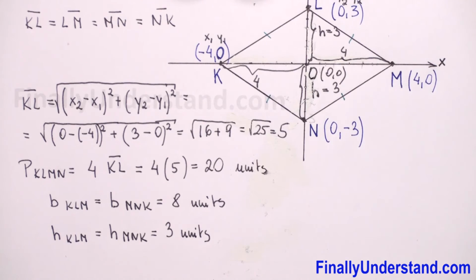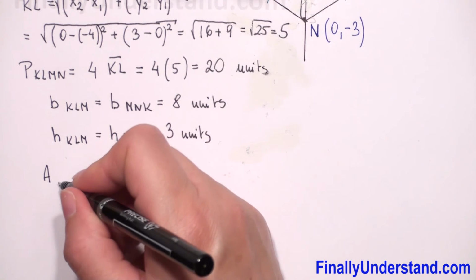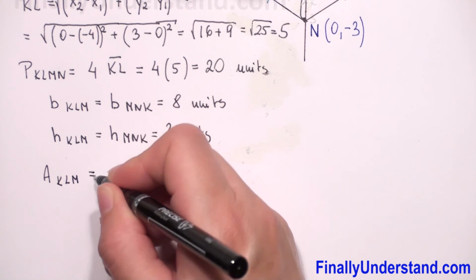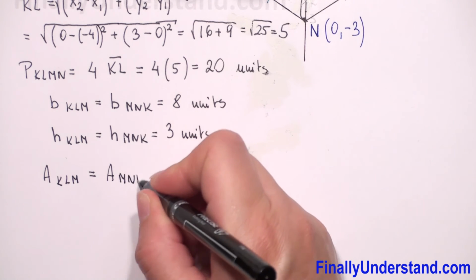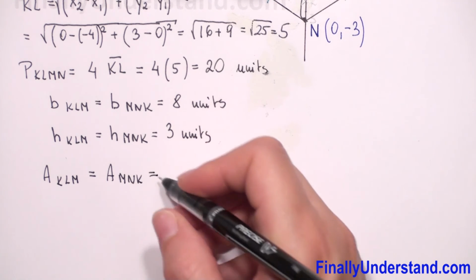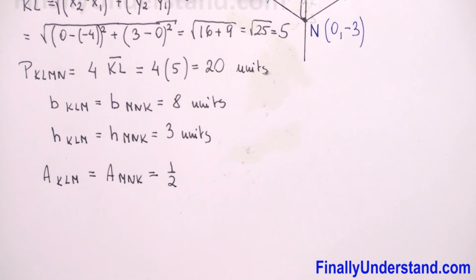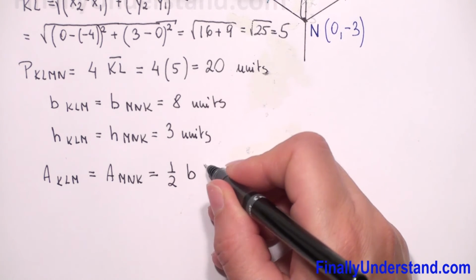we can write that the area of triangle KLM is equal to the area of triangle MNK, and this is equal to 1/2. The formula for the area of a triangle is 1/2 times base times height.